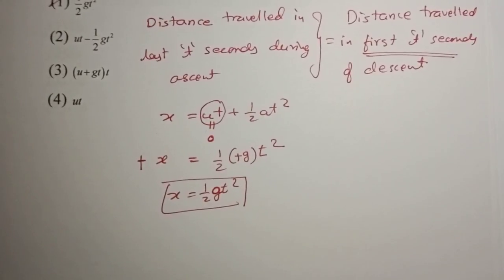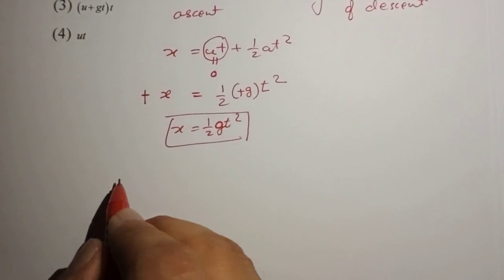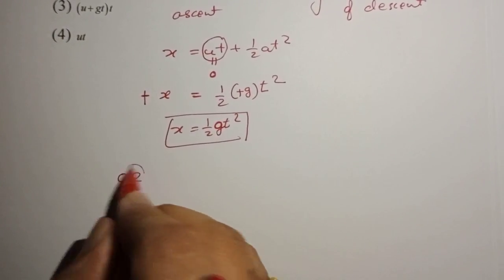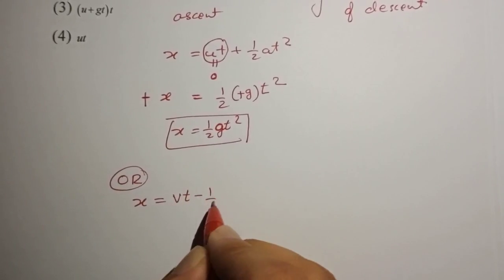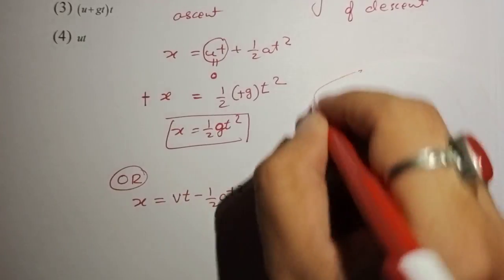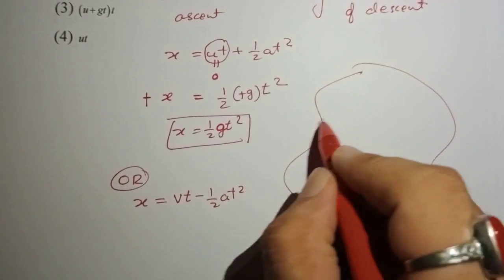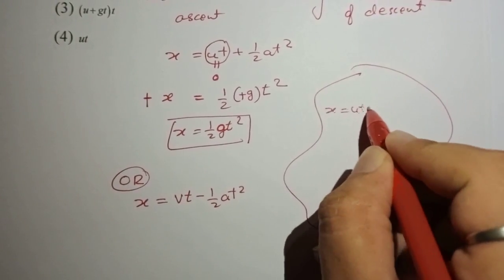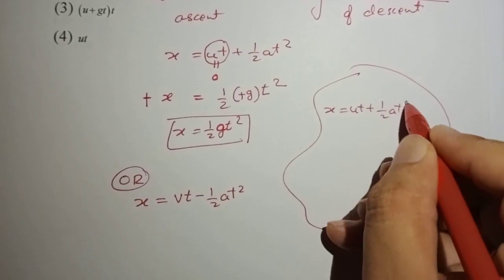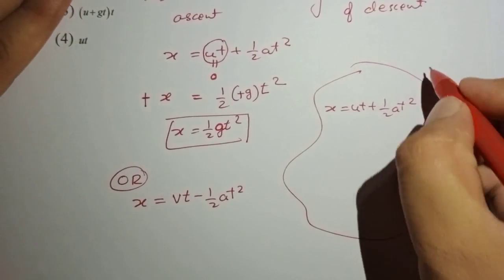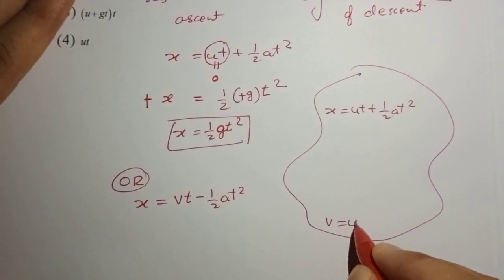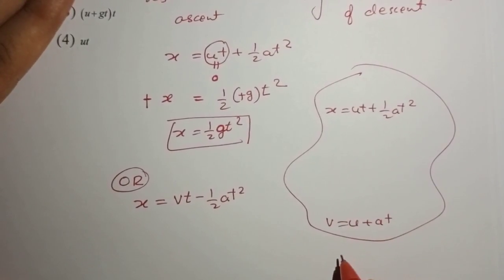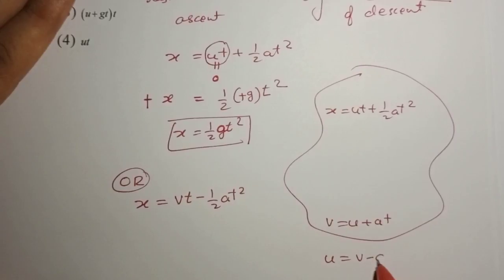Or you can use the equation x is equal to vt minus half at square. How did we get this equation? We have x is equal to ut plus half at square, and from v is equal to u plus at, we get u is equal to v minus at.